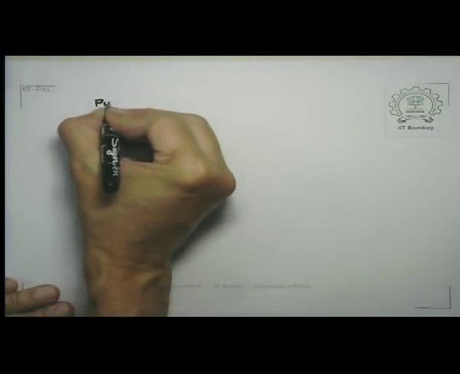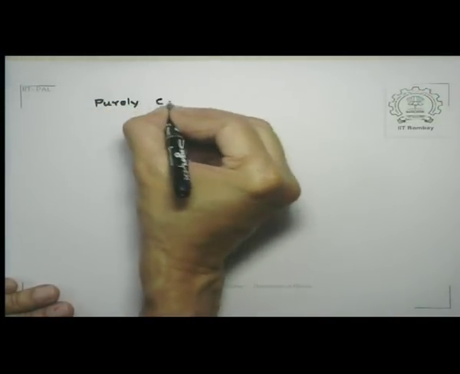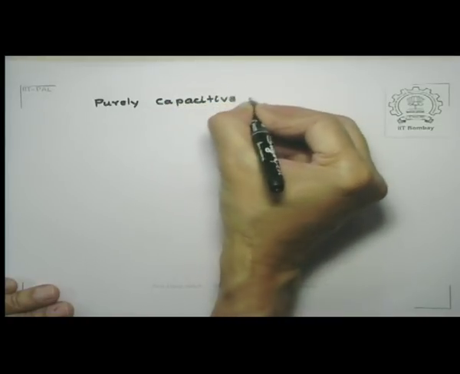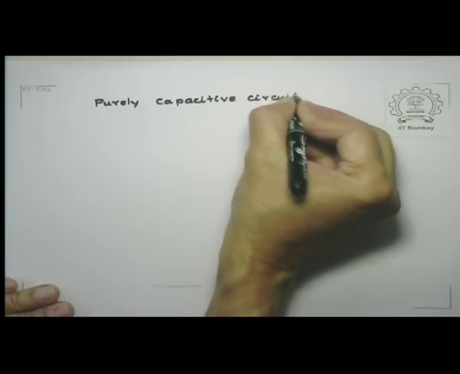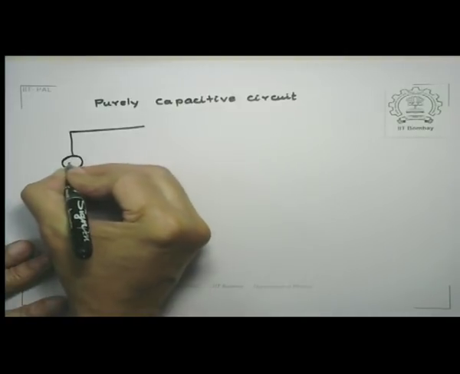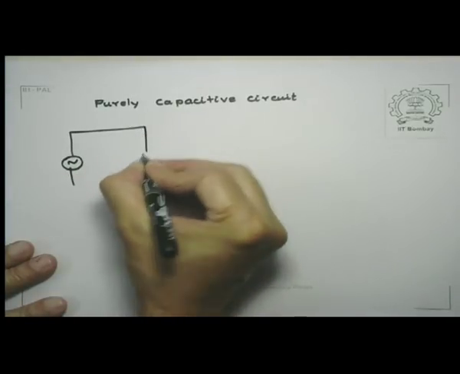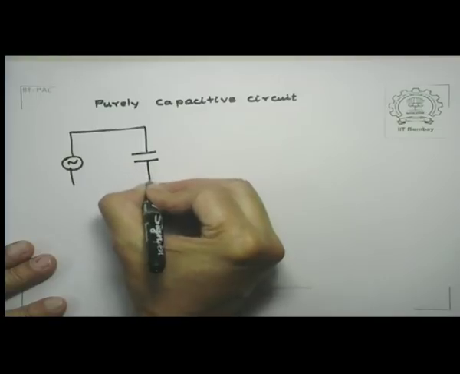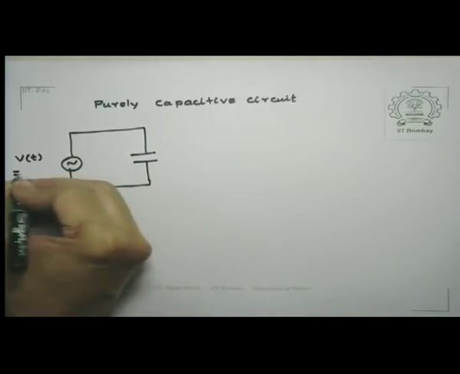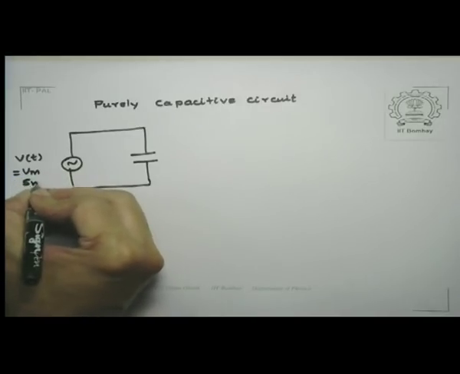Having explained how a purely inductive circuit works, let's consider a purely capacitive circuit with the same alternating source as before. So this is v(t) equal to Vm sin omega t.